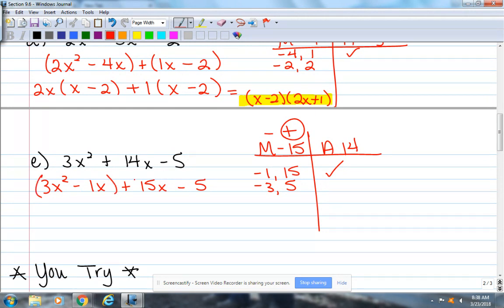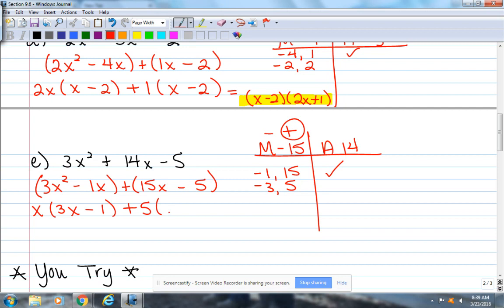So, parentheses. What's my GCF in my first group? And then x, right? 1x. Parentheses, what times x is 3x squared? 3x minus what times x is -x? -1. Plus, what's the GCF in the next group? 5.